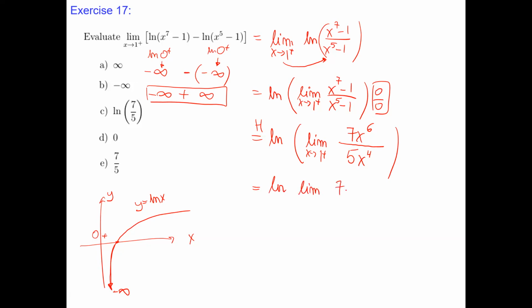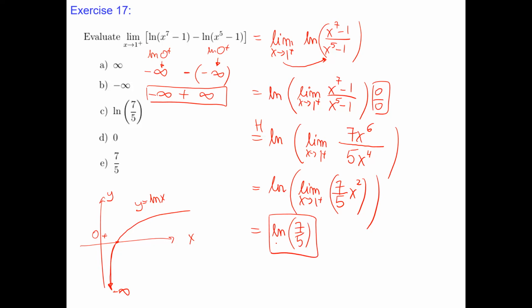This will be just 7 over 5x squared. X is 1, that means x squared is 1. So 7/5 is the inner function, and the outer function, natural log, stays. Natural log of 7 over 5.